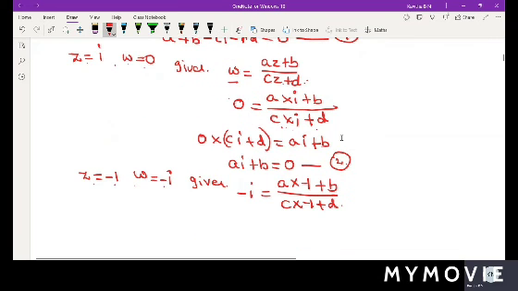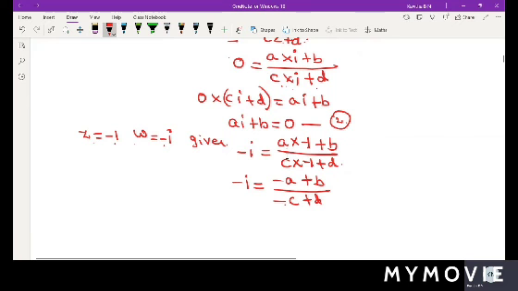Then next, minus i is equal to a into minus 1 is minus a plus b divided by minus c plus d. Then minus c plus d shifted to the LHS side: minus i into minus c plus d is equal to minus a plus b.